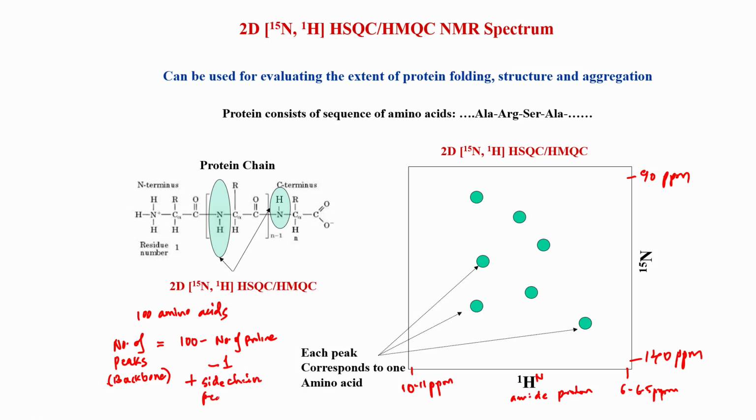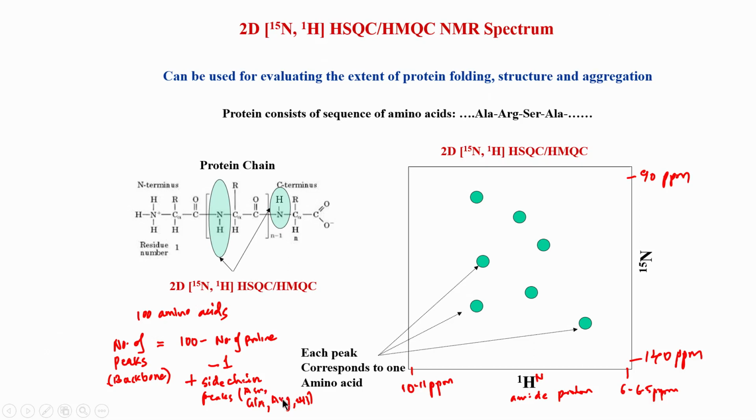So, let me add the side chain peaks. Which are the amino acids which can give side chain peaks? You have asparagine, glutamine, you can also have arginine, histidine, and so on. We will not go into details right now, we will come back to this later, but these are the extra peaks apart from the numbers which you would expect to see.